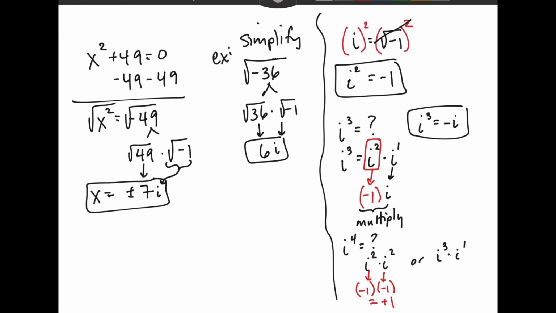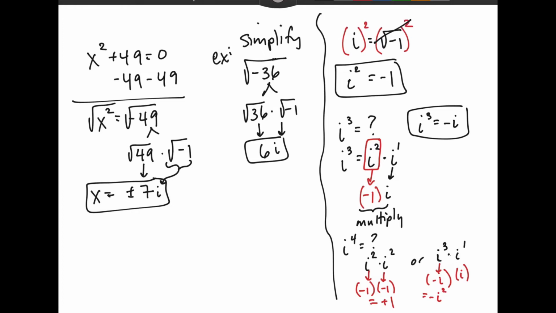If I did i to the third power times i, well, this from above is negative i times i, and this is going to become negative i squared.